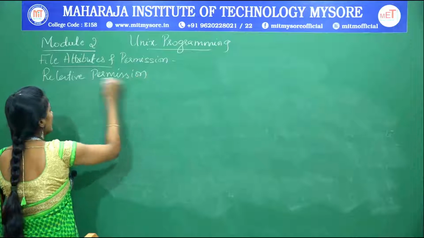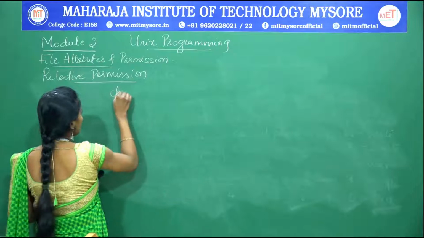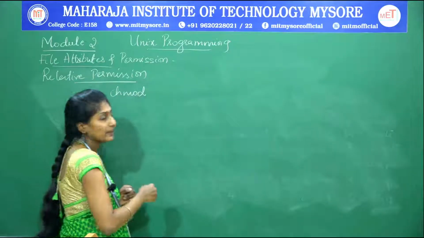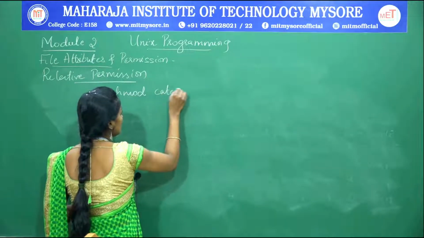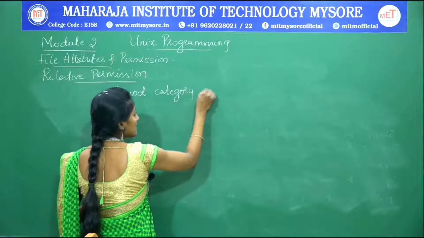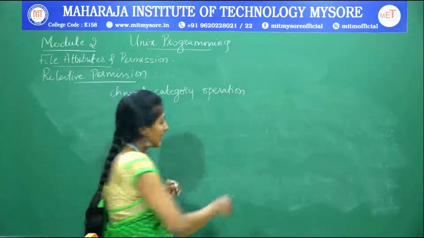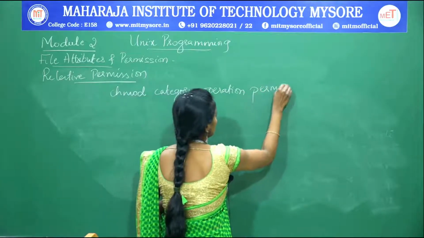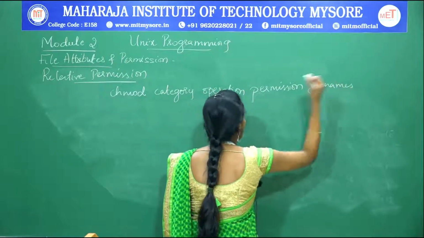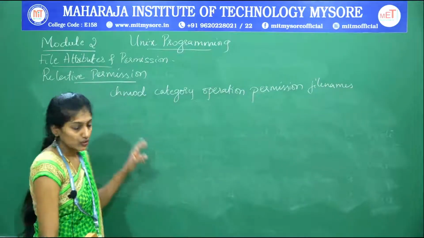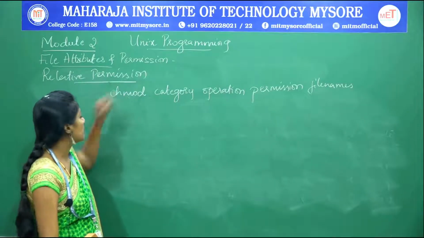The syntax of assigning a relative permission using chmod here is chmod, followed by category, then operation, then permission, and then the file name or file names. This is how the syntax is used for assigning the relative permission.